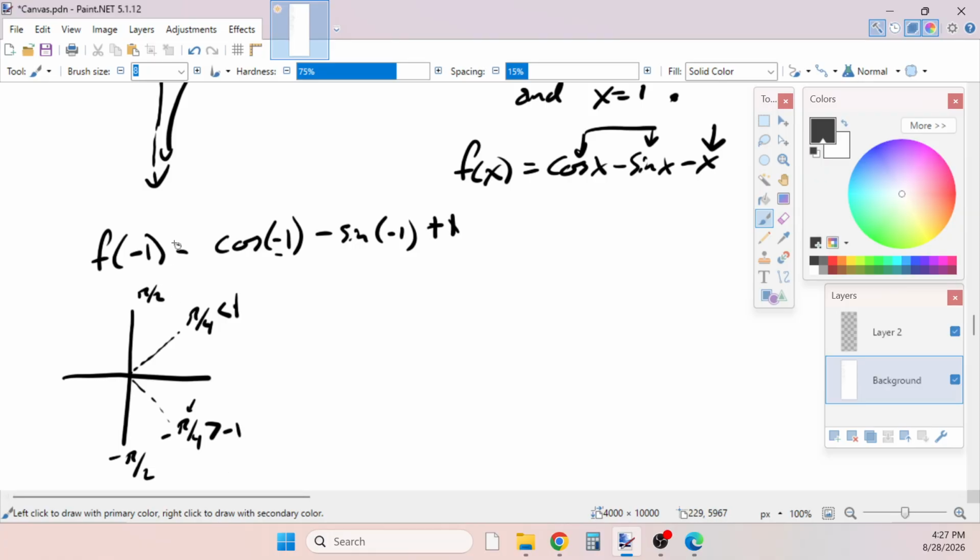And since pi is a little more than 3, pi over 2 is going to be bigger than 1, and negative pi over 2 is going to be less than negative 1. That means that 1 radian is somewhere in here, and negative 1 radian is somewhere in here. This is going to be helpful, I hope.